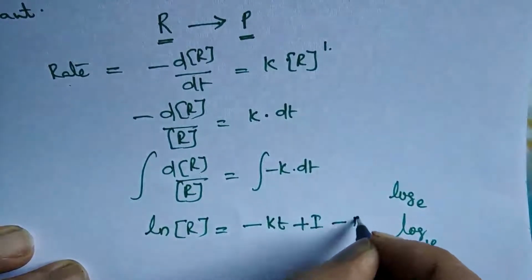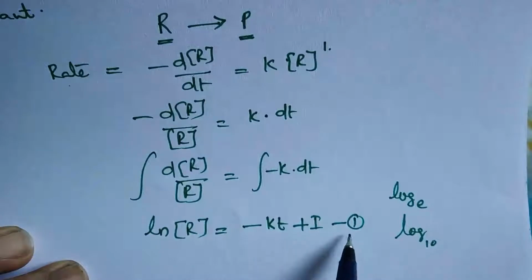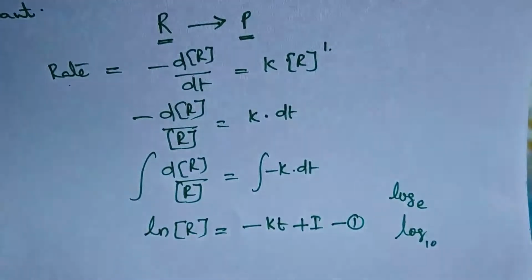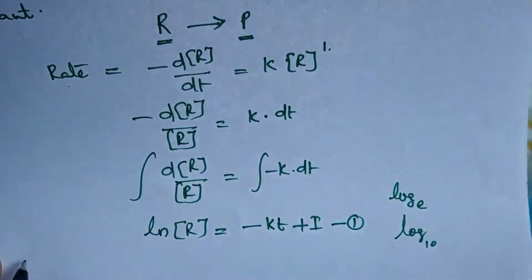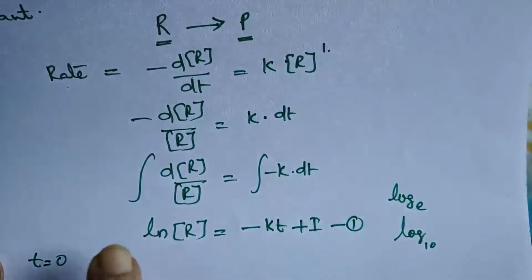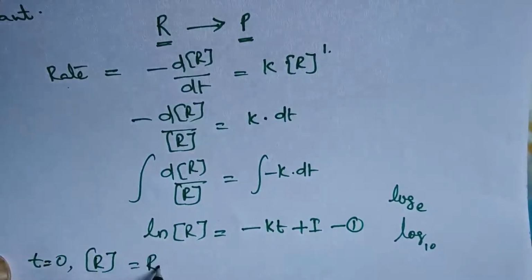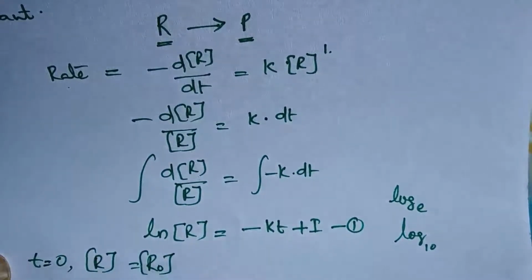So this one is the first equation. Ln R is equal to minus kt plus I. That is the first equation. So similarly, from the zero order reaction, when time t is equal to 0, that means the chemical reaction is not yet started, at initial time t equal to 0, R becomes R0.